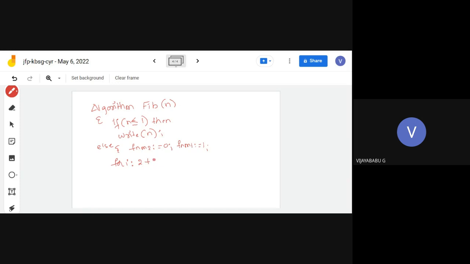So here, for i is equal to 2 to n do, fn is equal to fnm1 plus fnm2, and fnm2 is equal to fnm1, fnm1 is equal to fn.